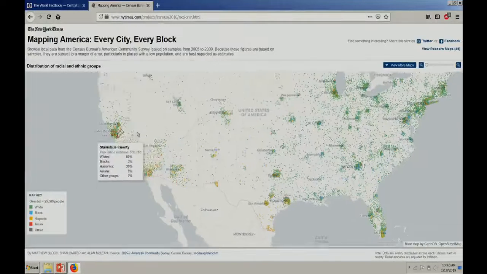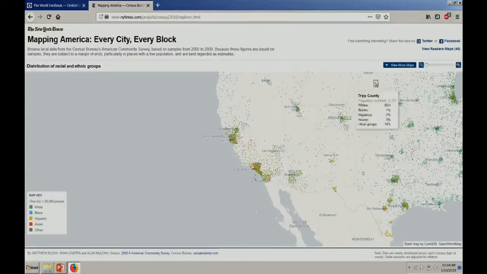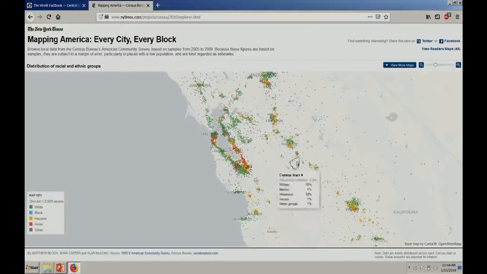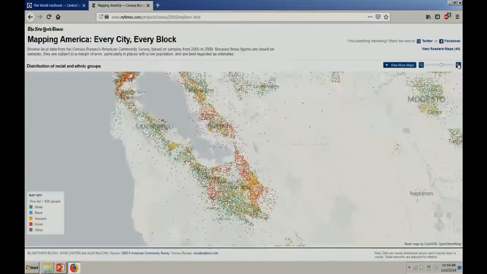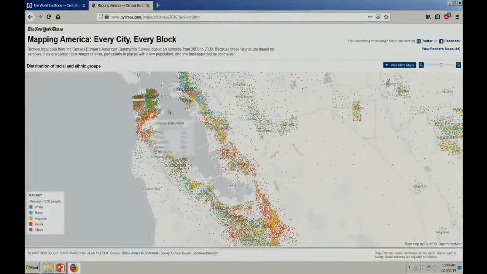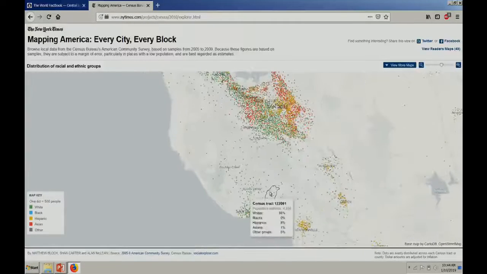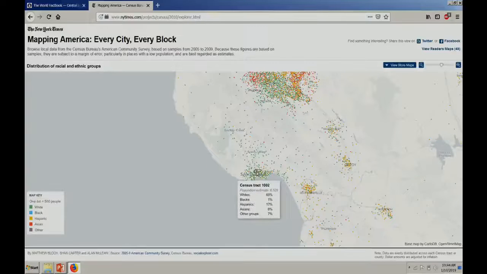Like let's go to the Bay Area, which is what we know best. Okay, well, let's look at Santa Cruz. Oh, okay, so here's San Francisco, the East Bay, the South Bay, San Jose, Santa Cruz County. And within Santa Cruz County, each individual census tract, it shows you the ethnographic breakdown.